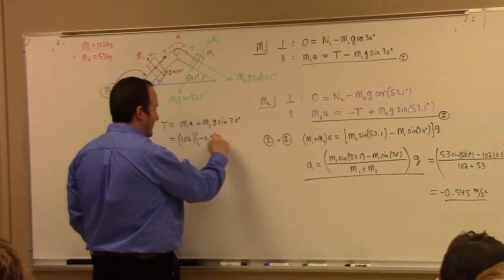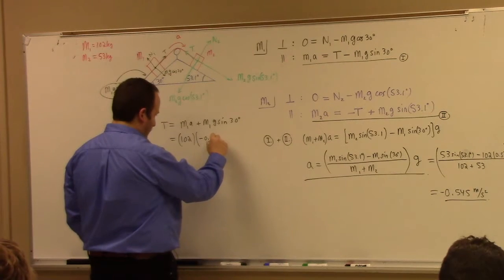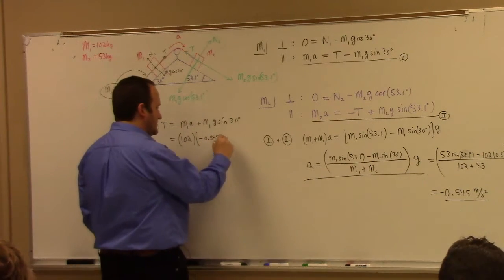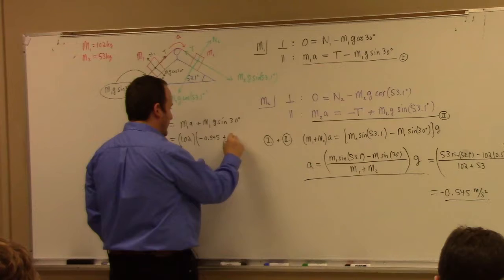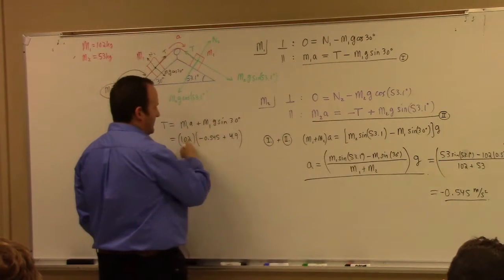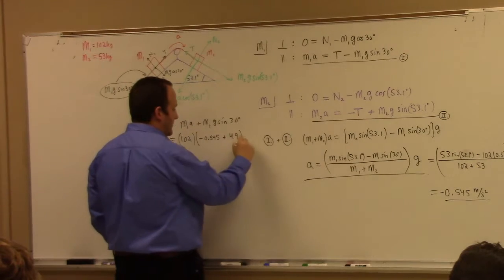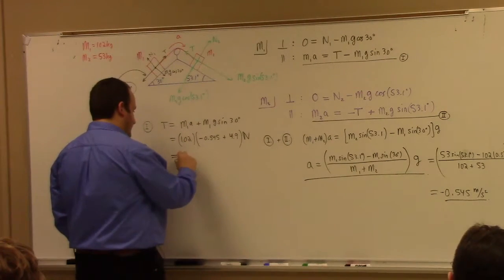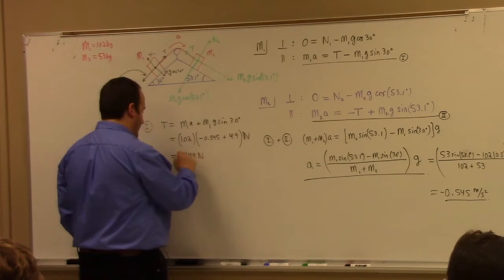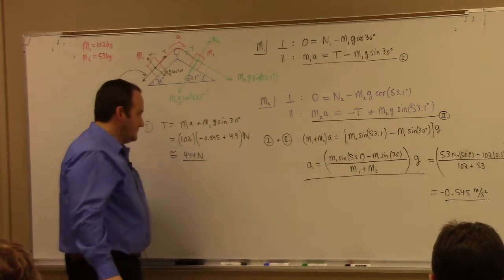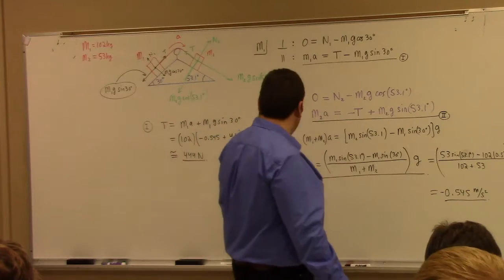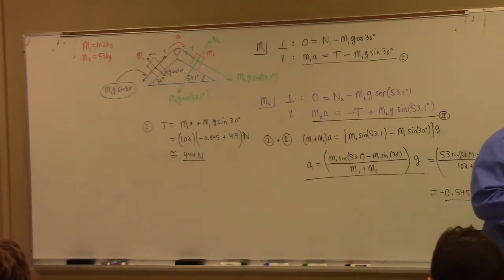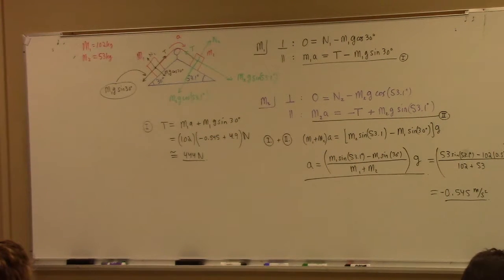Minus 5.45 plus 4.9, and this is meters per second squared times kilograms. This is a Newton, so whatever that is. Apparently it's 444 newtons, give or take. Seems right, yeah. If you had the sign wrong, you'd end up with like 530 some odd newtons.